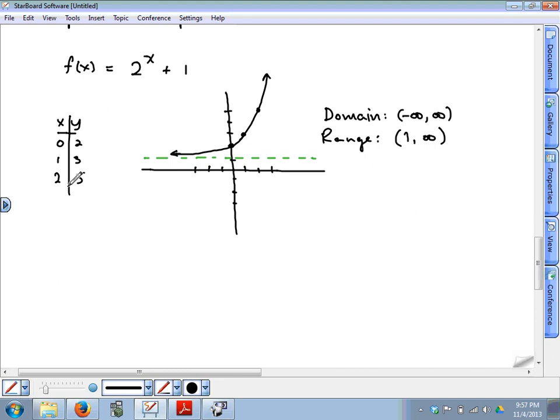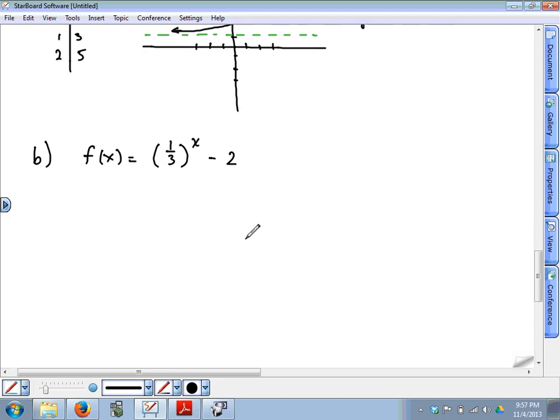Okay, and this method could work, if we make this part A, this method could work for exponential decay functions. If we have f of x is equal to 1/3 to the power of x minus 2, then same 3 steps.